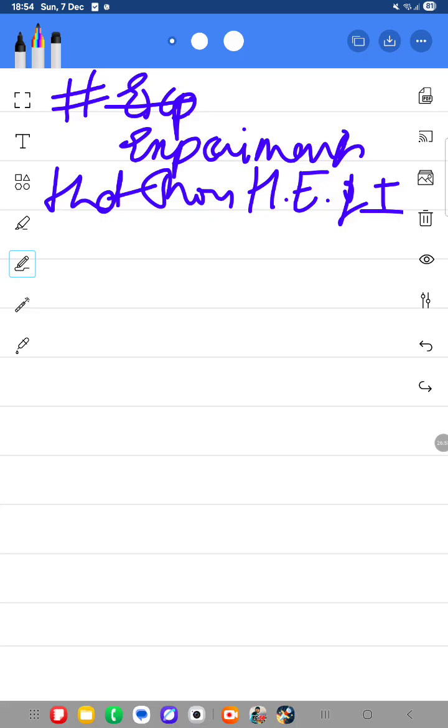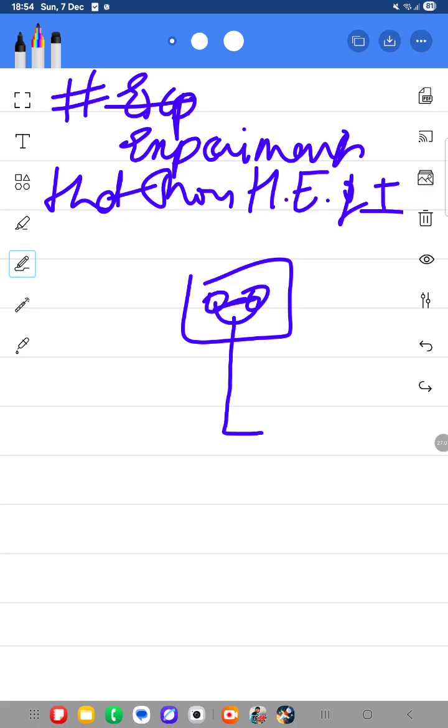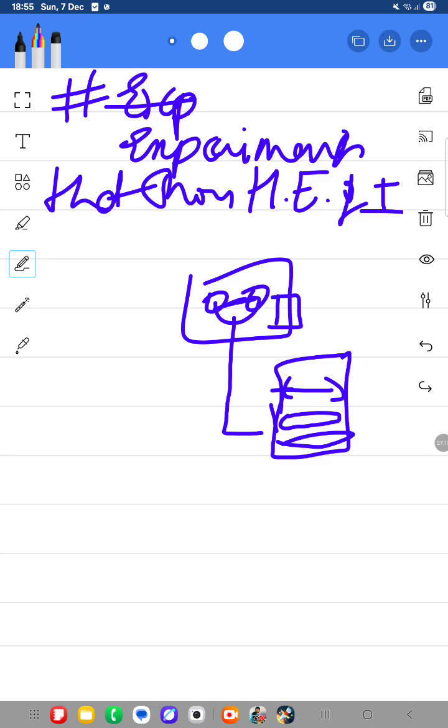I will explain heating effects. Most of us have a rod heater. When we switch it on, the electricity passes through the heater and it shows heating effects.